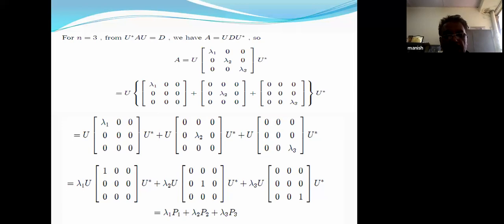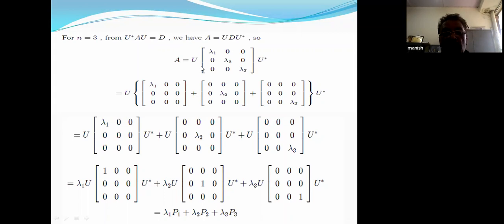Now, since A is unitarily diagonalizable, we can write U star AU is equal to the diagonal matrix D. Then multiplying on the left by U and on the right by U star, we have A is equal to UDU star, using that U U star and U star U are identity.